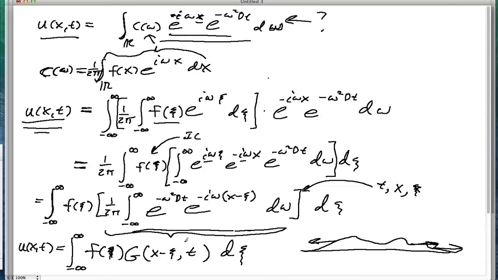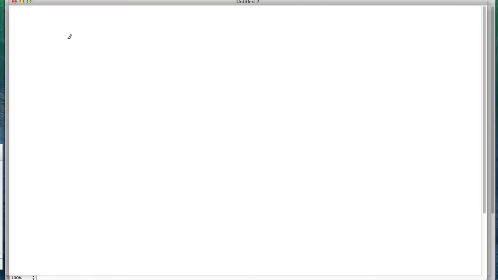This action on this function represents that process of diffusion. So let's try to see a little clearer what's going on. This still isn't quite clear, what this function is. So let's check a little bit more.